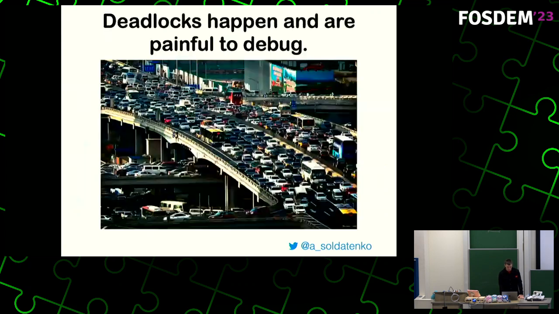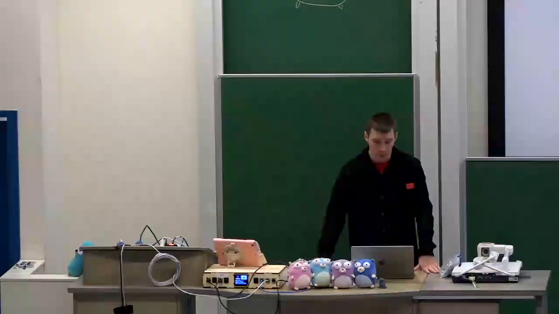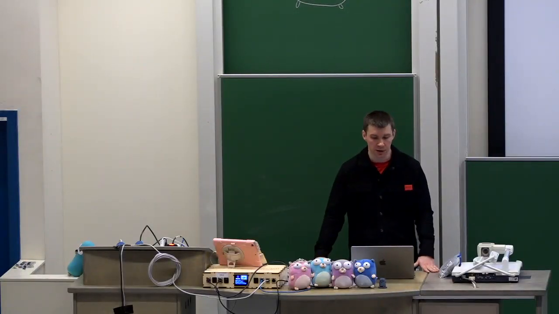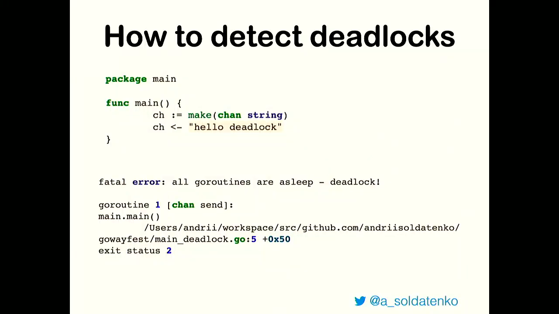Cool. So next, not only with a debugger can you find your problems. One important problem in the Golang world is deadlocks. With deadlocks, usually the program gets stuck on a channel send operation, which waits forever, for example, to read the value.